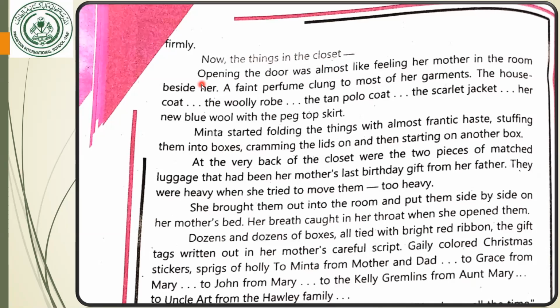Now the things in the closet. Opening the door was almost like feeling her mother in the room beside her. A faint perfume clung to most of her garments: the house coat, the woolly robe, the tan polo coat, the scarlet jacket, her new blue wool with the black top skirt. Minta started folding the things with almost frantic haste, stuffing them into boxes, cramming the lids on, and then starting on another box. At the very back of the closet were the two pieces of matched luggage that had been her mother's last birthday gift from her father.